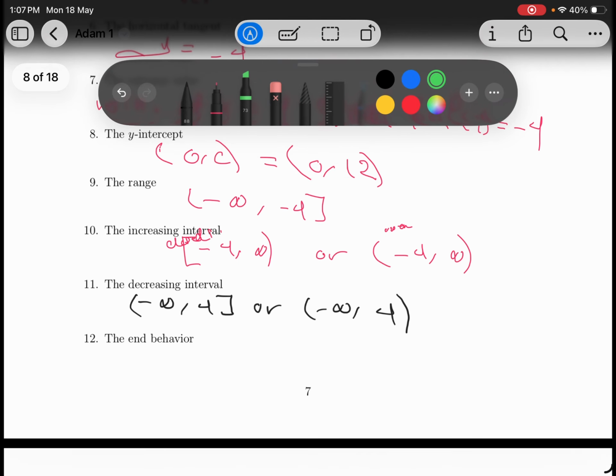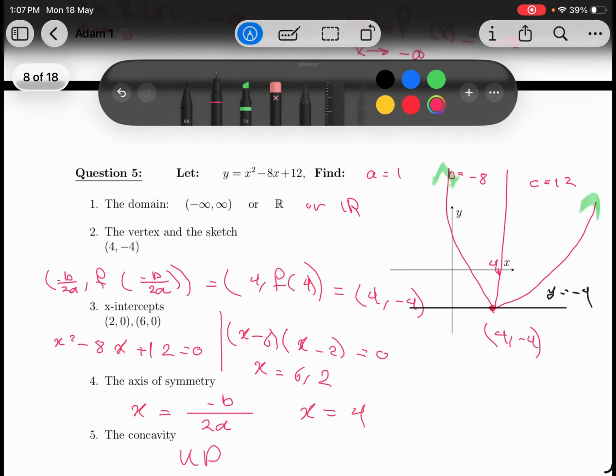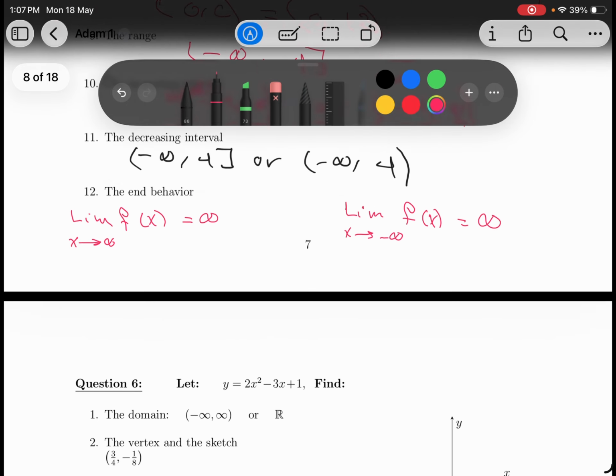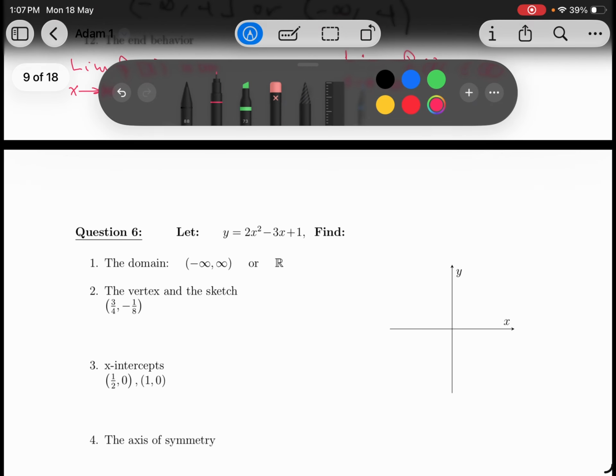So I will write this end behavior in terms of limits. The limit of f of x as x goes very big, f goes very big as well. Even the limit when x goes very small of f of x is also infinite. So whether x goes very big or very small, both tails are shooting up. Okay, and I will move on straight forward to the next example.